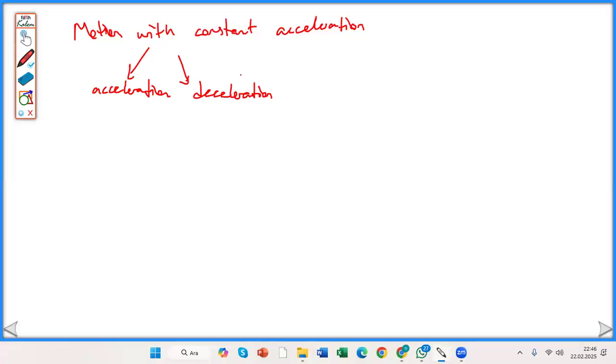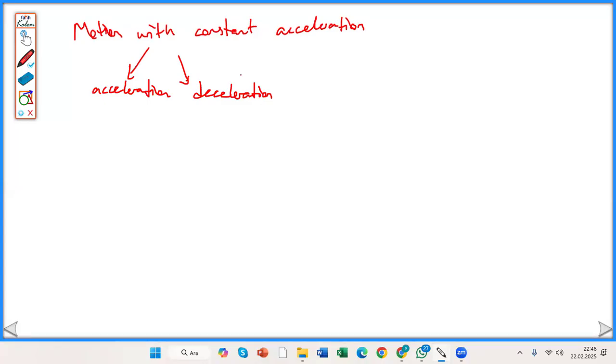That's why sometimes they explain every motion with acceleration, even if it means deceleration. They also explain it with the word acceleration.